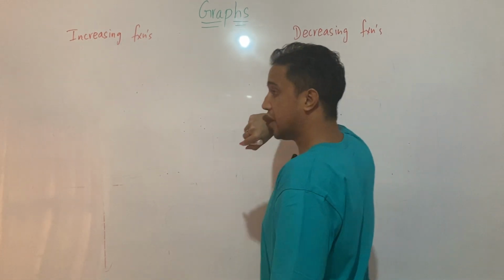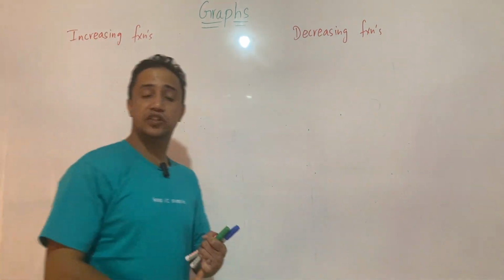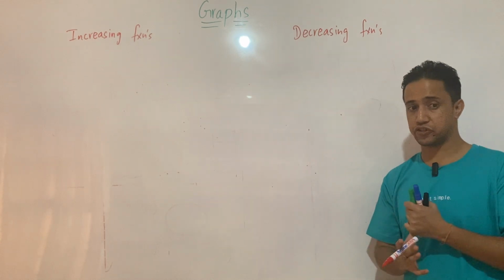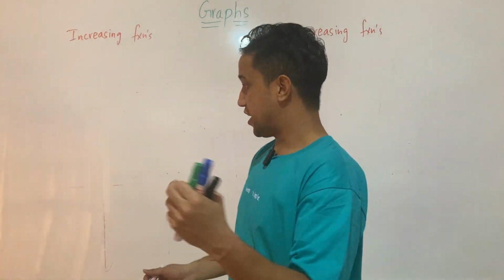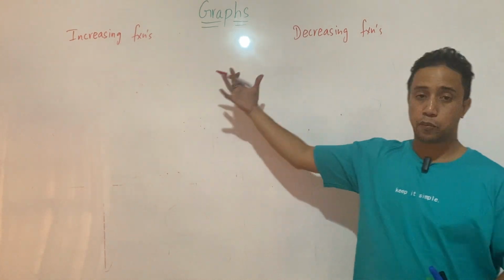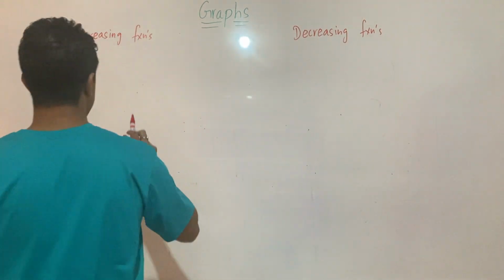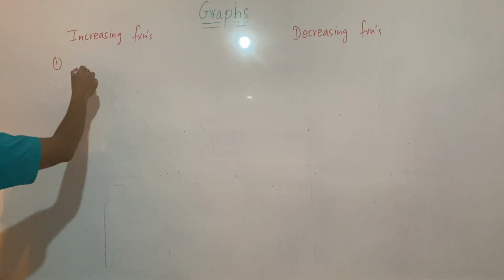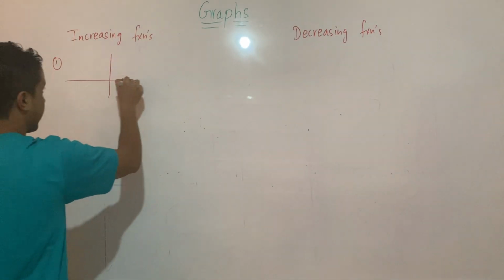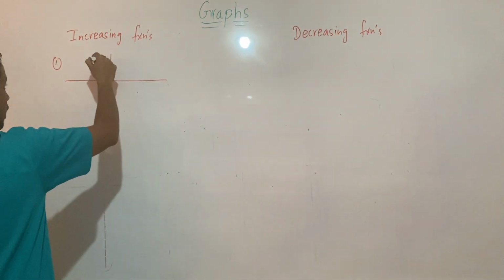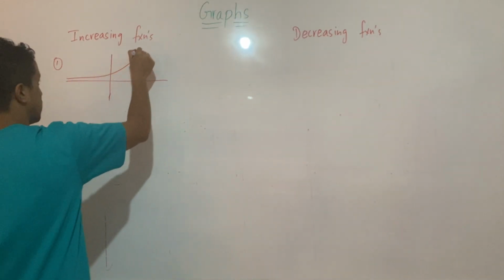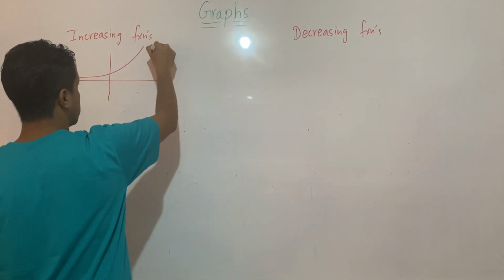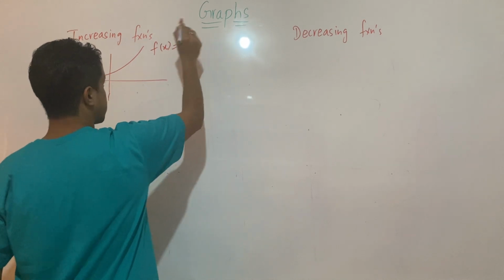Okay, now if you remember, we did graphs for both the exponential and logarithmic functions, right? So if you remember the graphs of both these functions, here I can say that in increasing function, I will take the case of this exponential function, f of x equals a to the power x, right?